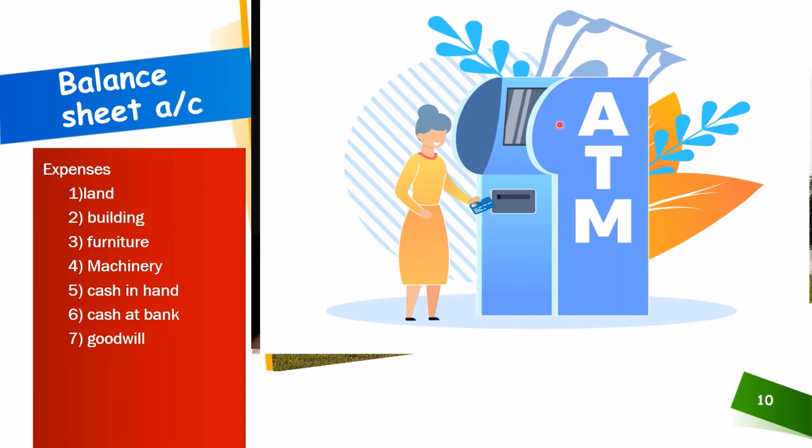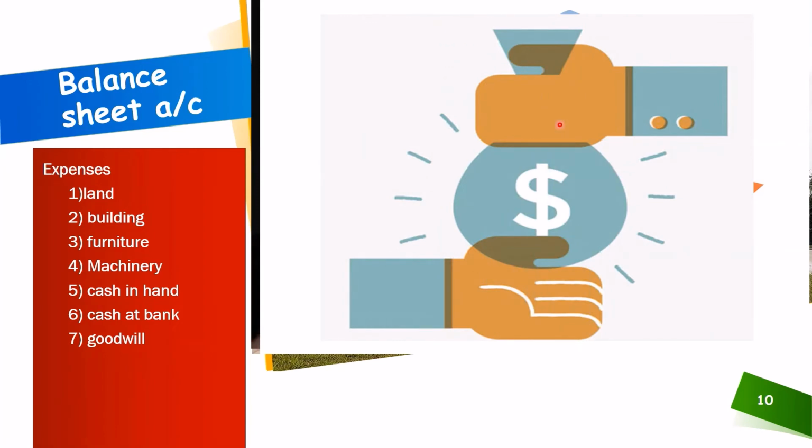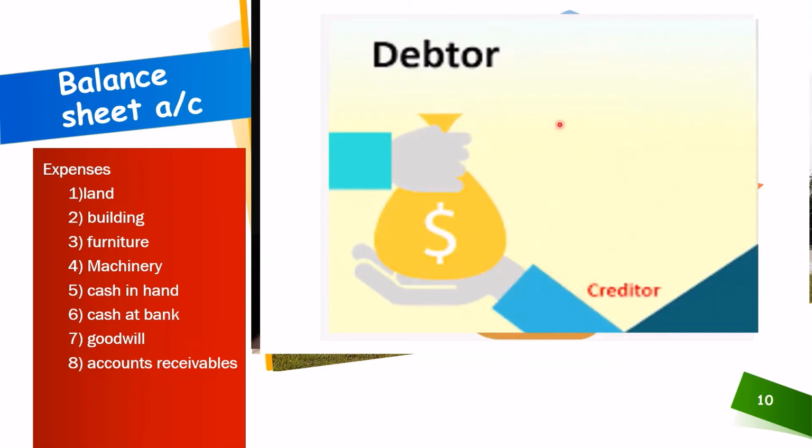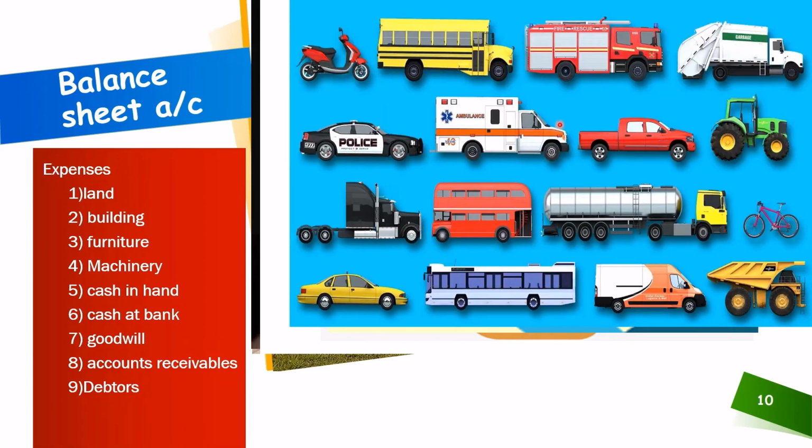And next, bills receivables or accounts receivables, meaning amounts due to be paid to us, are also an asset. And next, debtors. If you have given some amount to a person on credit, it also comes under assets.